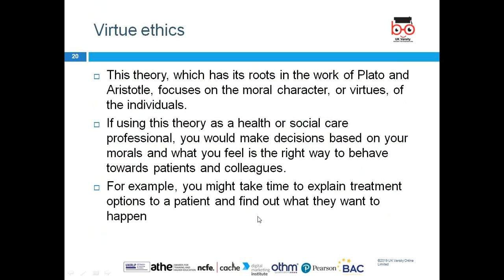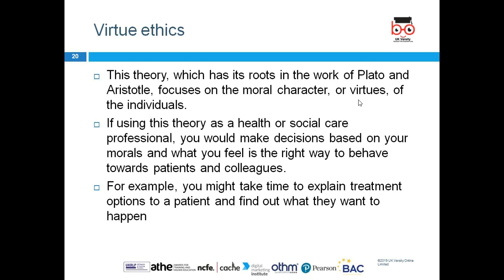Then we have virtue ethics, which is the last theory in this. This theory has its roots in the work of Plato and Aristotle, who are very old theorists. It focuses on the moral character or virtues of the individuals.